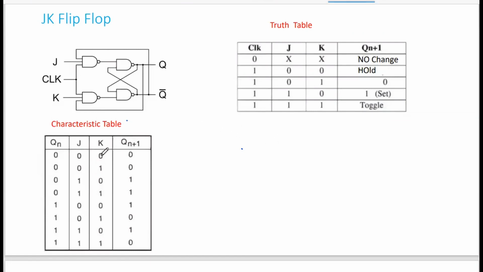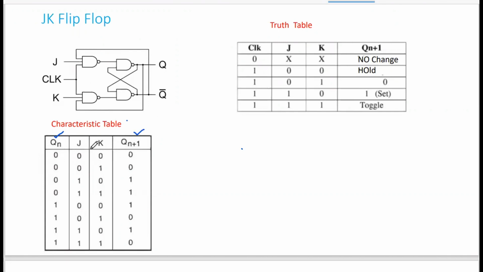So after the entire exercise you are getting a characteristics table. In the characteristics table you are noting down the present state. So this is your present state, this is your next state, and in between are the inputs which make this transition possible.